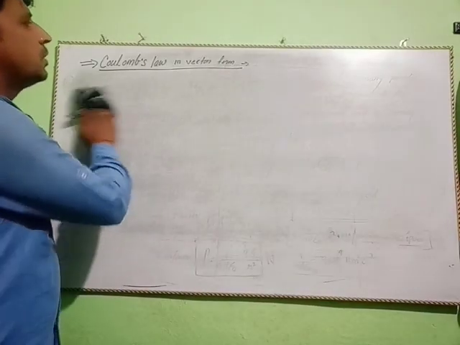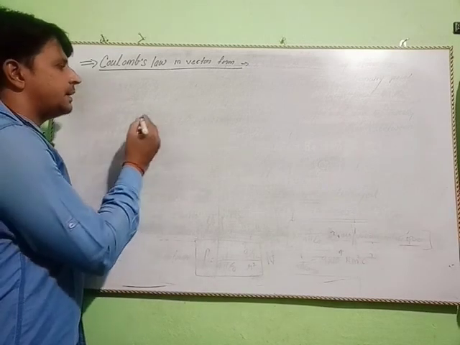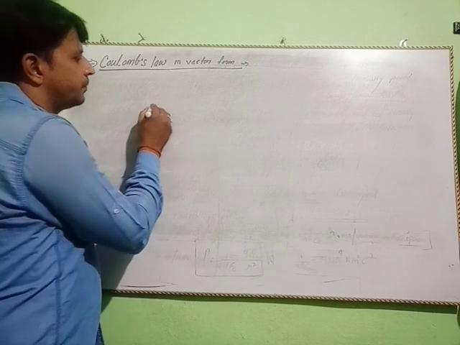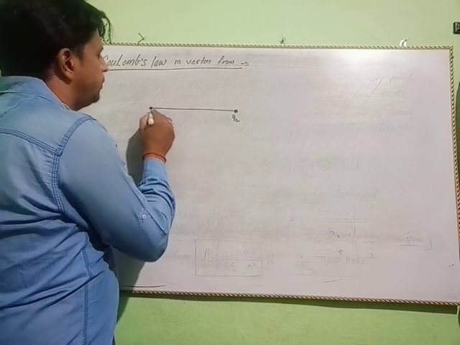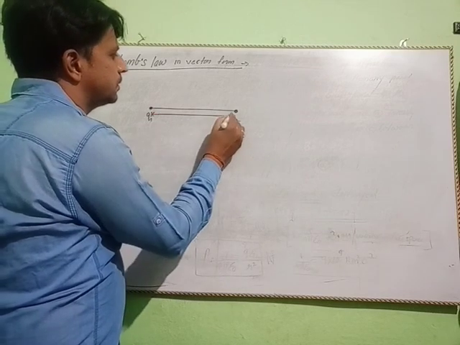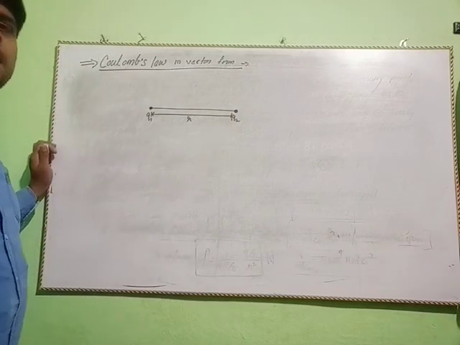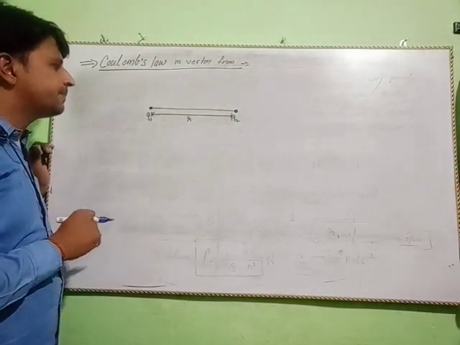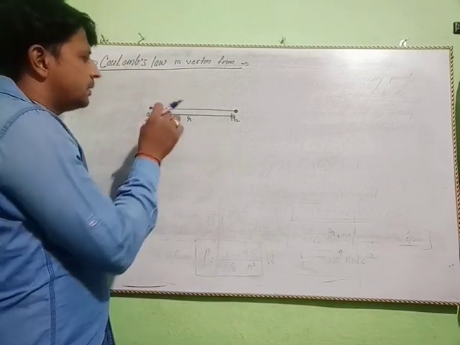Be careful, okay? Its value will change with the change in medium. Next, Coulomb's law in vector form. So again, let us consider two charges, Q1 and Q2, placed in a space at a distance r from each other. Okay. So now what will happen?